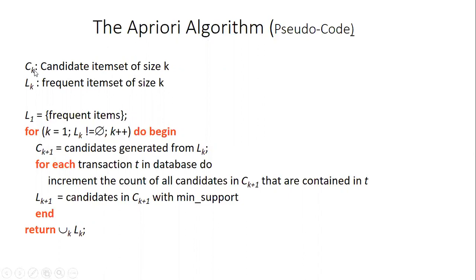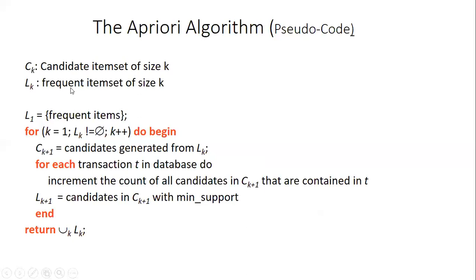What is k? k is nothing but the number of items. k equal to 1 means a 1 item set, k equal to 2 means a 2 item set, k equal to 3 means a 3 item set. When I say 3 item set, it is a collection of 3 different items. So what is Lk? Lk is the term used for the frequent item set of size k.